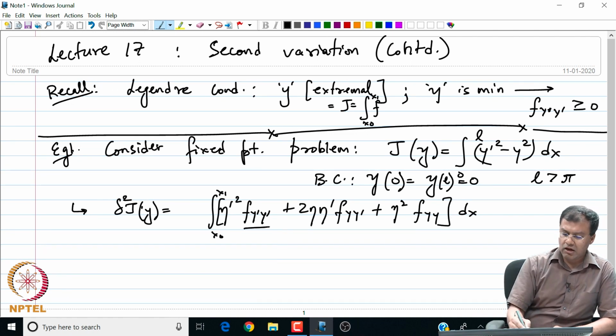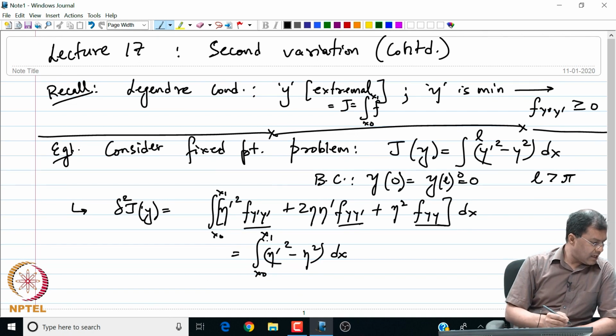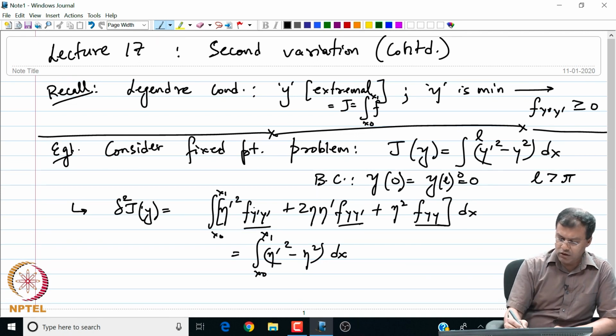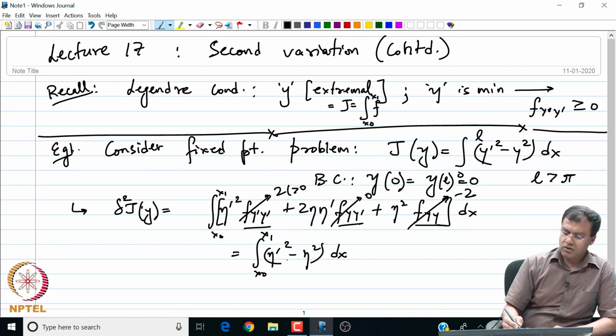So once we plug in all these partial derivatives, I am going to get that this is also equal to the integral of eta prime square minus eta square dx from x0 to x1. In particular I just want to mention that all these partial derivatives are as follows. So this is 2, so this is certainly bigger than 0, and this is 0 just taking the various partial derivatives, and this is minus 2. So that is how we get, so this is 2 times the following quantity.